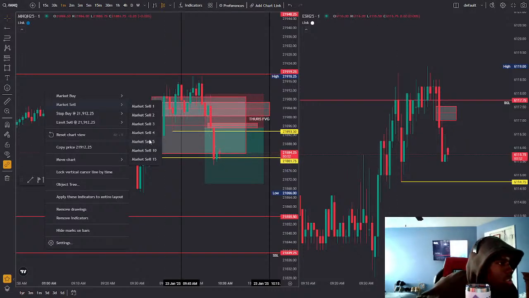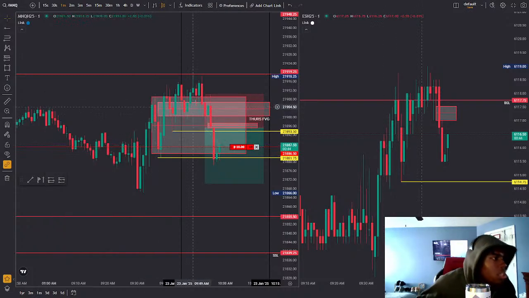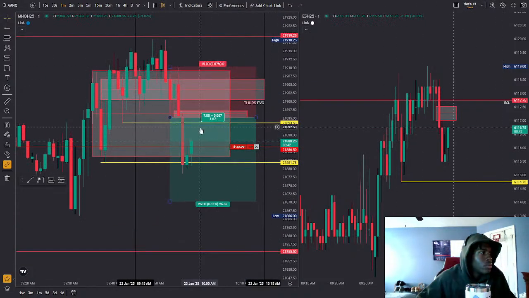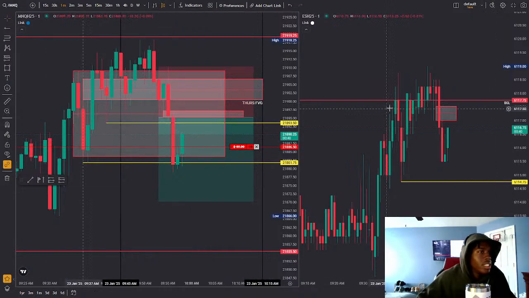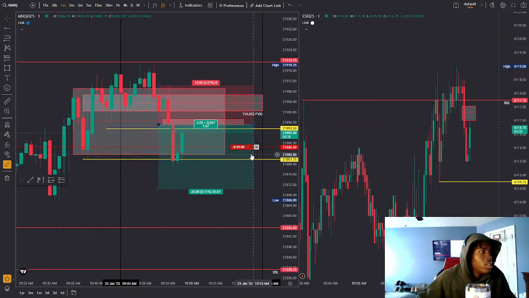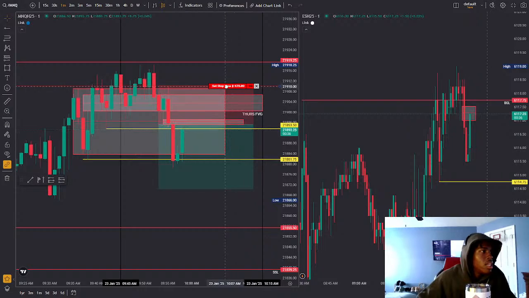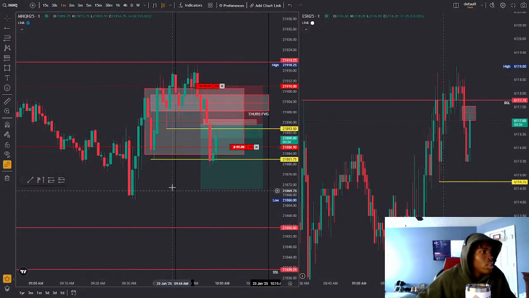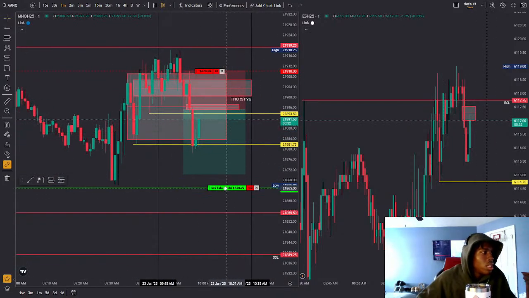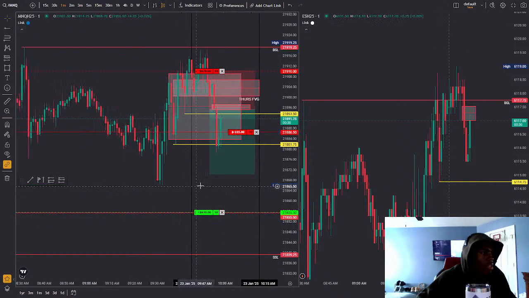Okay, I'm gonna enter off this gap we just made too. It's sitting below that midpoint as well, and we displace as well. I'm in right there. Yeah, I should have waited for ES to touch that gap. All right, well, this is the stop here, and this should be final TP.